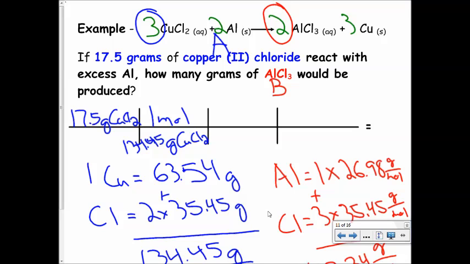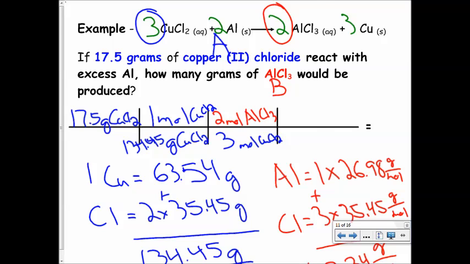So when we write this in, if I have moles of CuCl2 on top, I need moles of CuCl2 on bottom. That is going to be a 3 to 2 ratio, and that is now 2 moles of AlCl3.